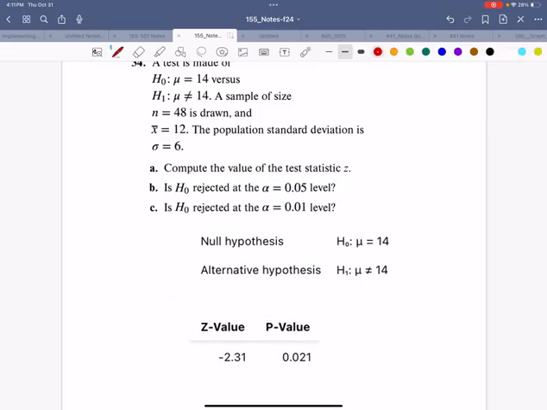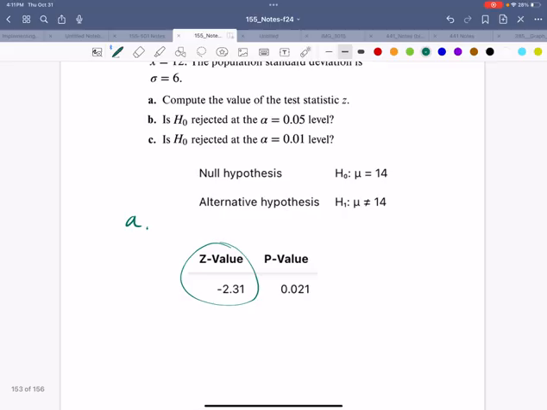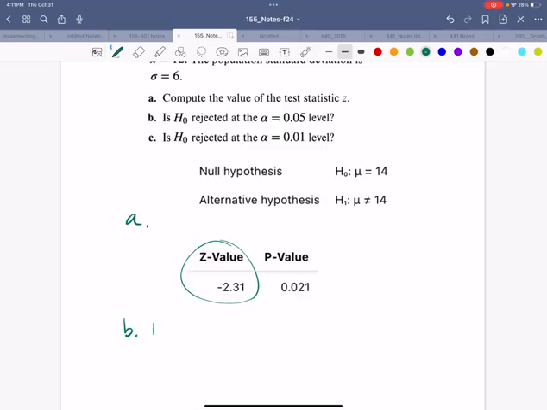So part A, compute the test statistic. That's our test statistic. Is H naught rejected at the 0.05 level? Yes, since P equals 0.021 is less than alpha, which equals 0.05.